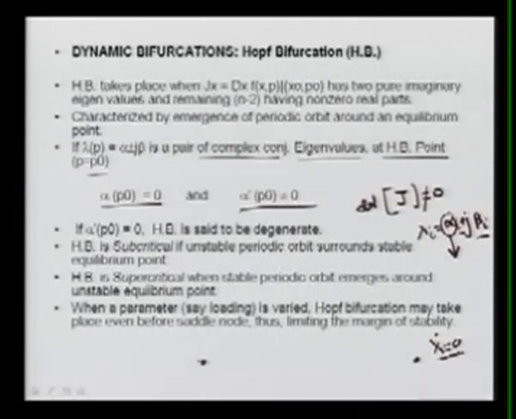If it is stable and it is surrounded by unstable periodic orbits, going outward, with the stable equilibrium point inside, then it is called subcritical. Here it is stable, and outside it is surrounded by unstable orbits.